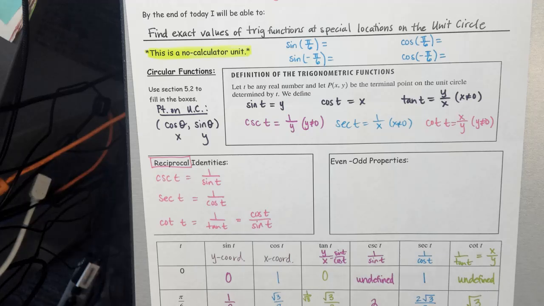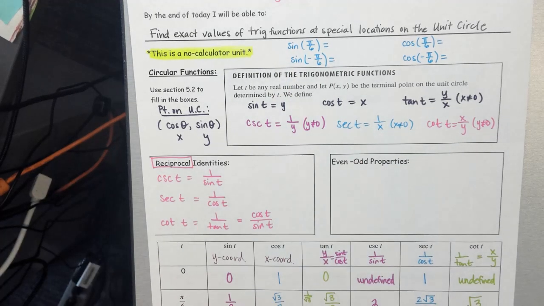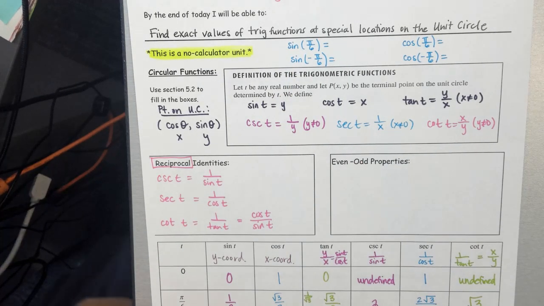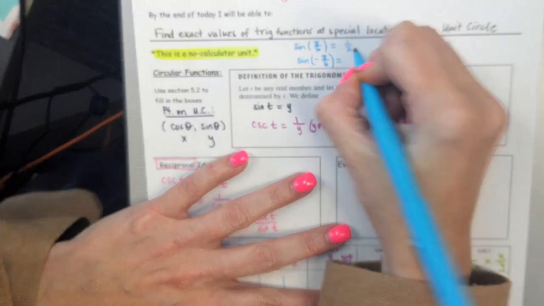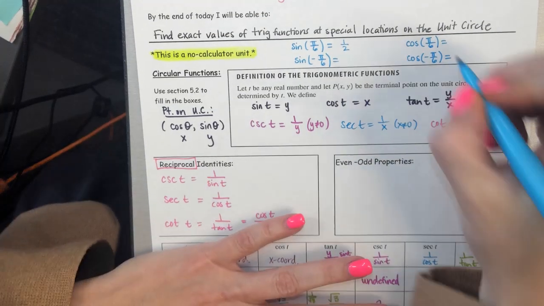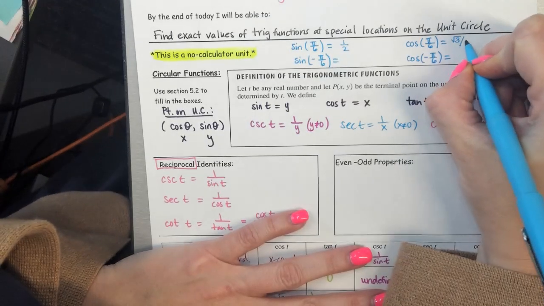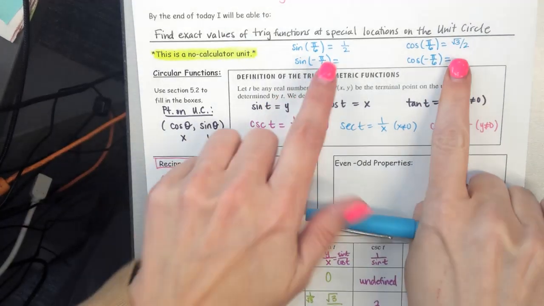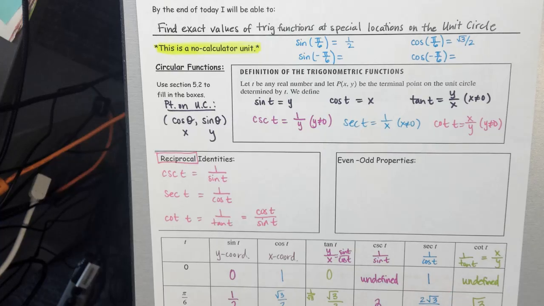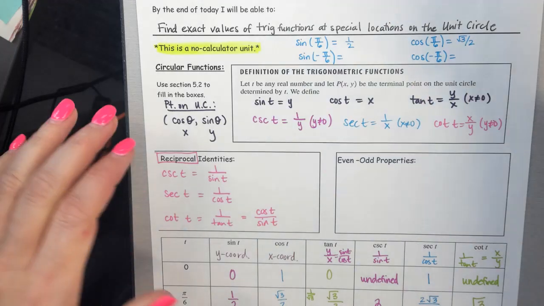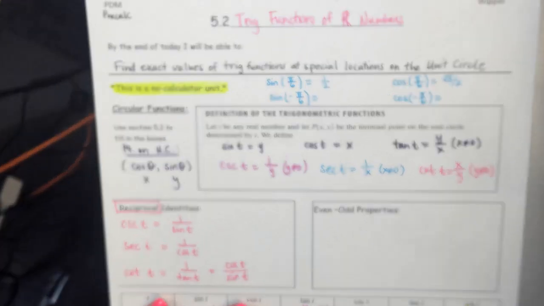All right, so if you're looking at the sine, you're looking at the y-coordinate. Okay, so the y-coordinate at pi over 6, you can see in quadrant 1 on the board is 1/2. Okay, and the cosine would be root 3 over 2. Okay, because that's your point, that's your x, that's your y. Okay, now to find the cosine of negative pi over 6, we have to know what quadrant that is on the unit circle.